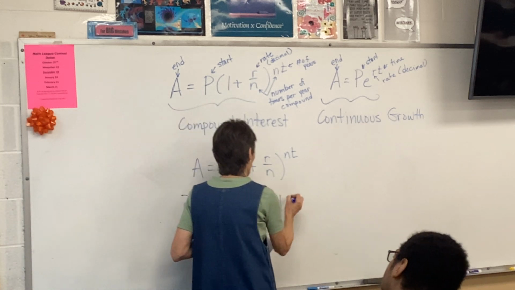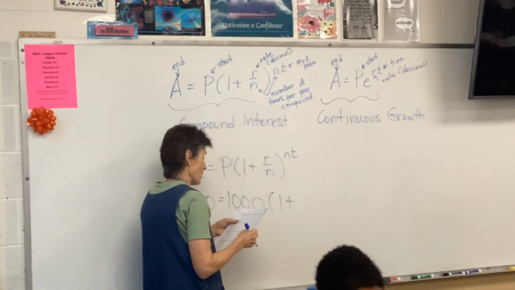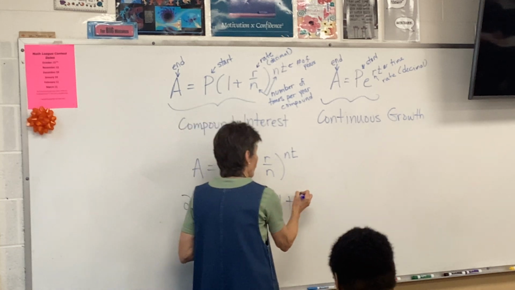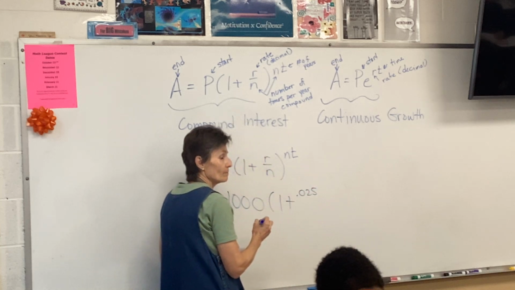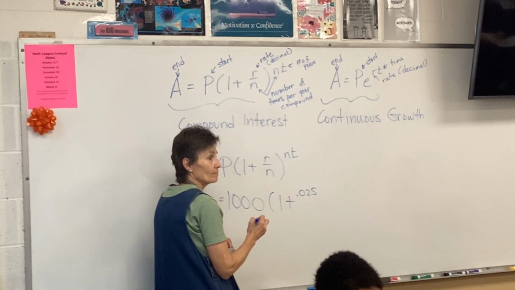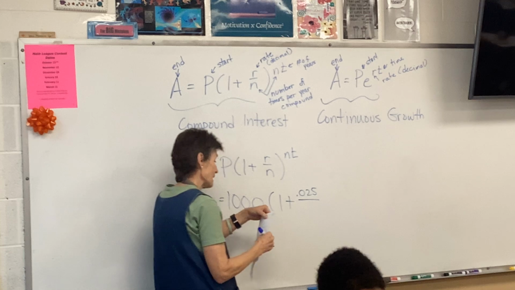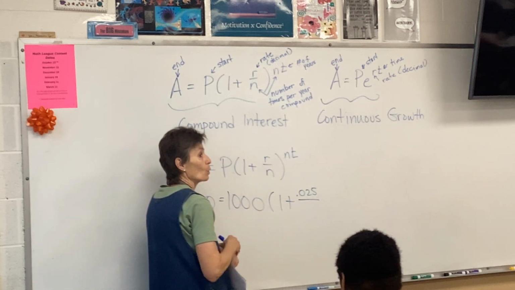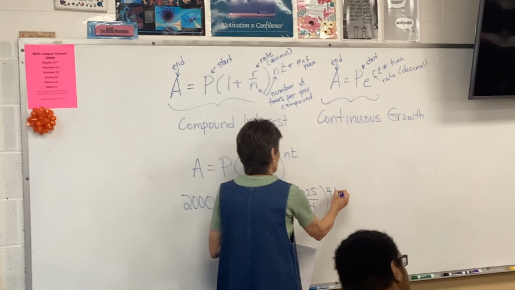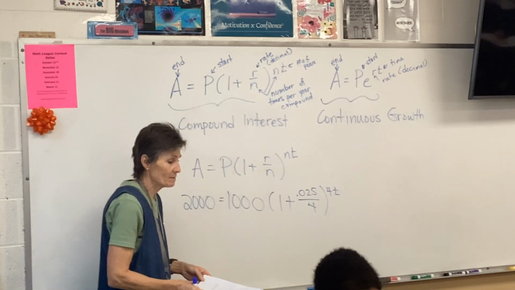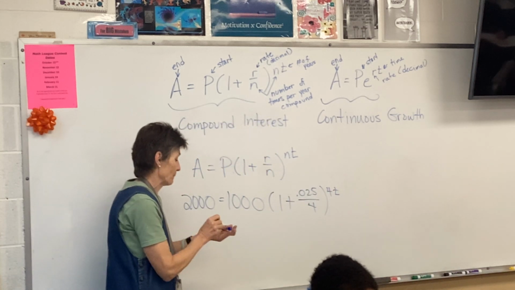So then I have my 1. What's my interest rate? 0.025? What am I dividing by? Quarterly. God bless. There's your equation. Quarterly means 4 times a year.